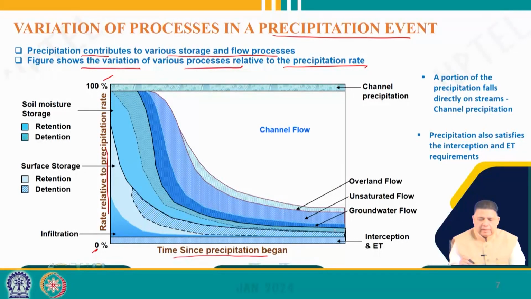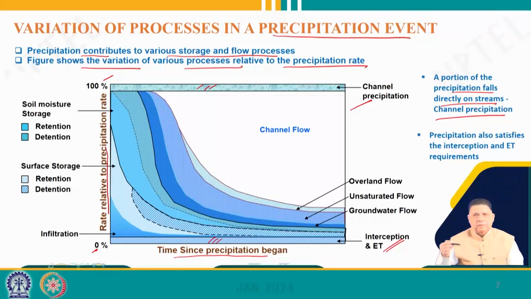So, if you look at the figure, at the top and at the bottom there are two straight-line portions, and one of them is channel precipitation, the other represents the interception and evapotranspiration. A portion of precipitation falls directly on streams, which is referred to as channel precipitation.